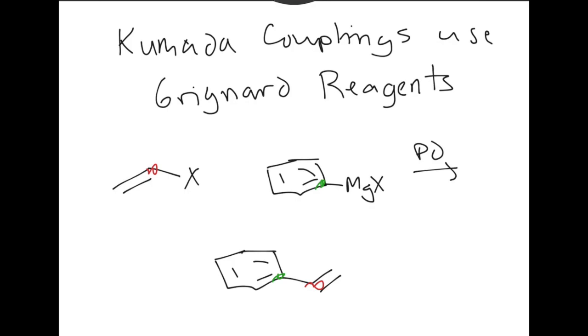Negishi and Kumada couplings, the metal portion is really reactive. So if there was an alcohol in either of these molecules, you'd have to protect it, like they do in the second one. They protect the alcohol as the OTBS, so the Grignard reagent doesn't react with it. Whereas with the Stille, the carbon-tin bond isn't basic. So there are some pros and cons to each of them.